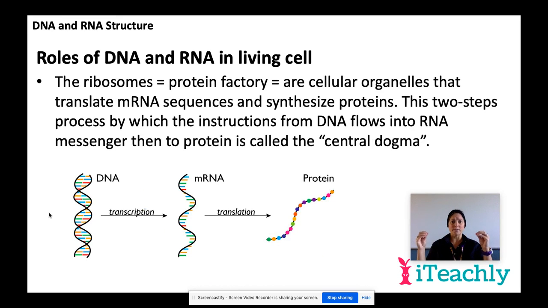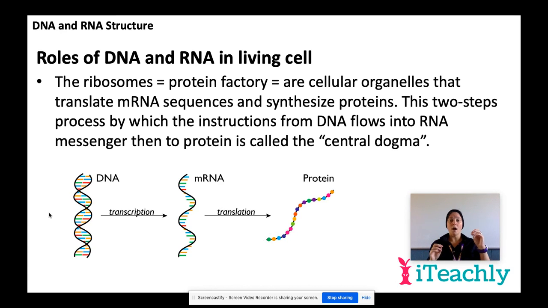That sequence of events is actually known as the central dogma, which includes two processes, transcription and translation. We will elaborate on this part in the coming weeks. Today, we're specifically just looking at the roles of DNA and RNA and what those structures are.